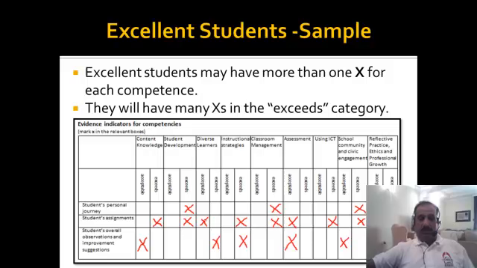Now, for some competencies, the excellent students may have some X's in the acceptable category. Like for example, look at this here. If you look carefully, for diverse learners, you see an acceptable for students' assignments. It's not exceeds, just acceptable. The same thing for assessment.